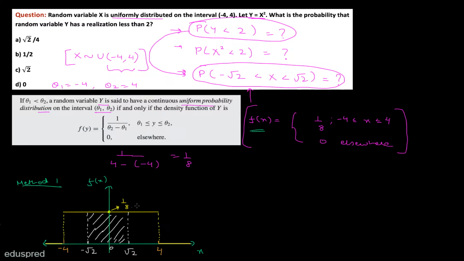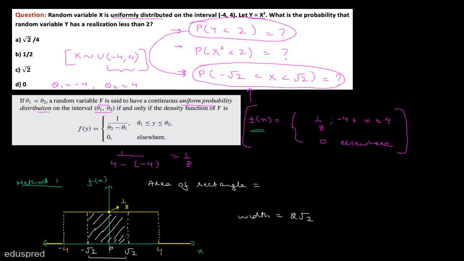It's quite simple to figure out the area of this region. This region is a rectangle and the area of the rectangle is width multiplied by length. In this case, the width is the distance between -√2 and √2, which is going to be 2√2.